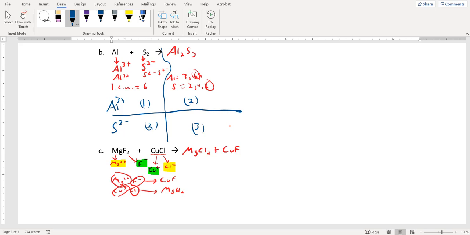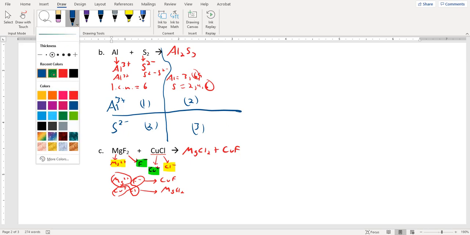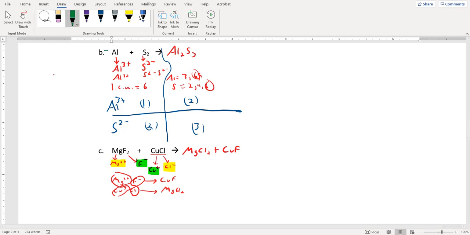So we need to try to balance this out. This may require that we redo some of our answers later on. I'm going to put a 2 here for aluminum. 2 times 1 is 2. And that balances out the aluminum.